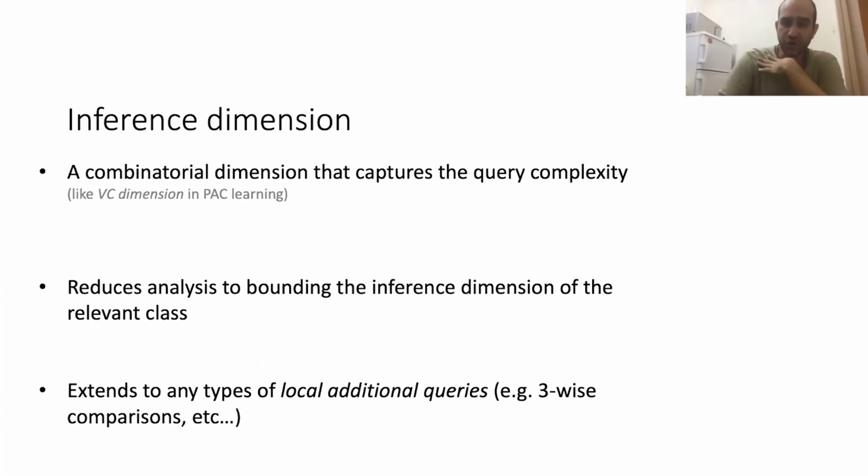And let me also mention that this inference dimension quantity extends to any type of local additional queries, like the triplet query that I mentioned before. And I think maybe in Shahar's talk, he will mention applications of the inference dimension to more than just comparison queries.